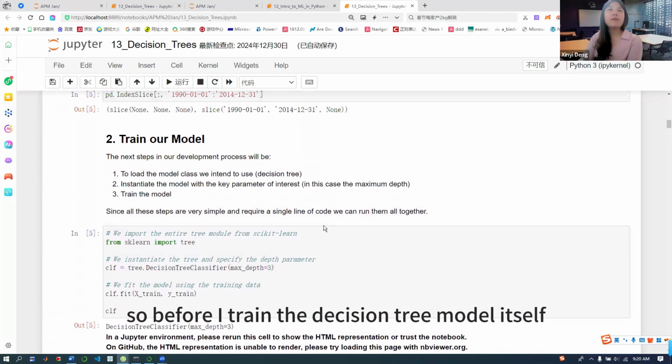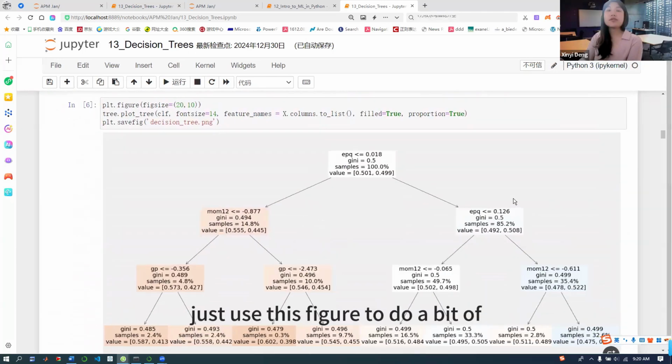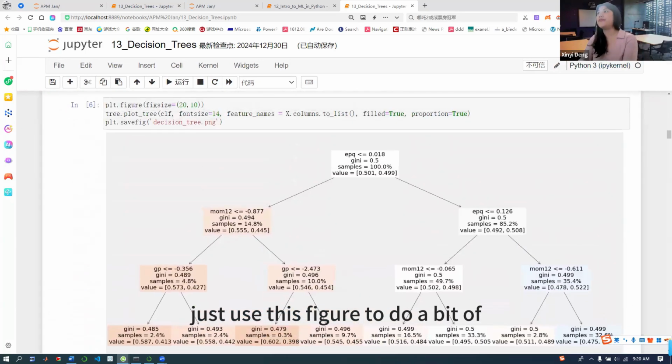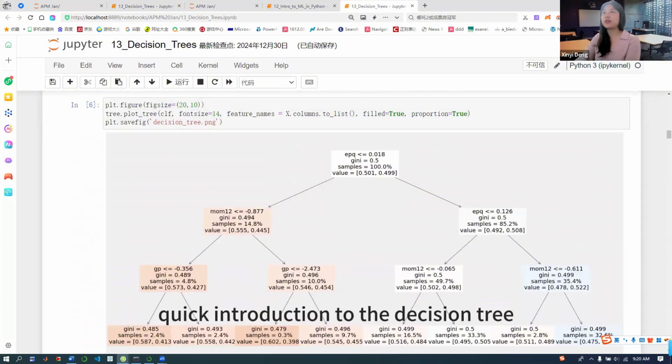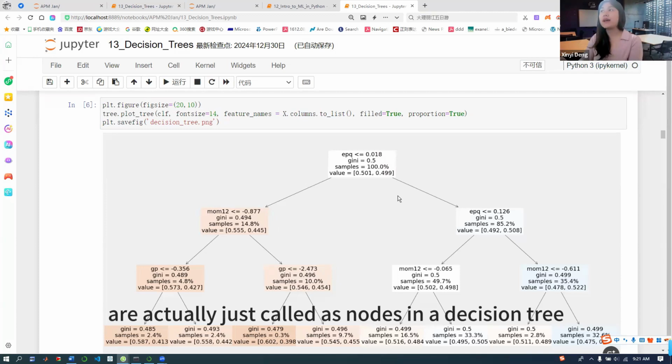Before I train the decision tree model itself, let me use this figure to give a quick introduction to the decision tree. Those squares you see here, I don't think that's squares, that's perhaps rectangles. Those rectangles are called nodes in a decision tree.